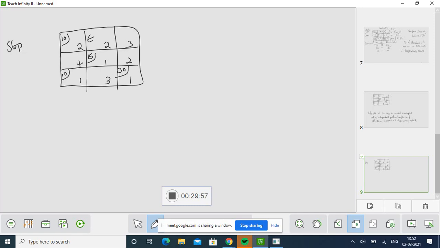What is my step 3 going to do? To calculate Cij equal to Ui plus Vj for all occupied cells.